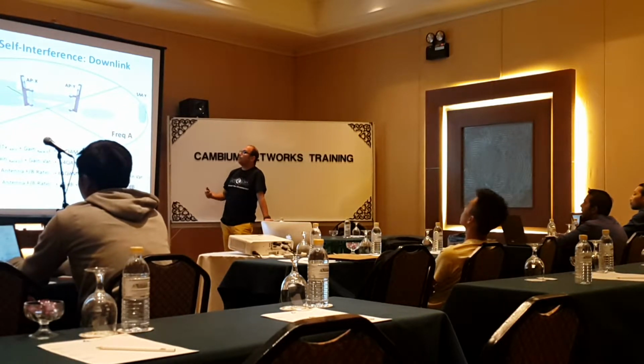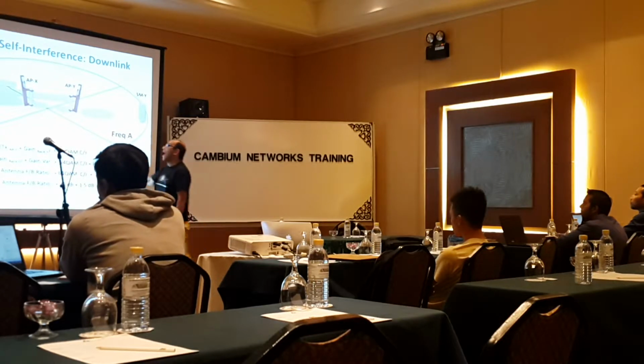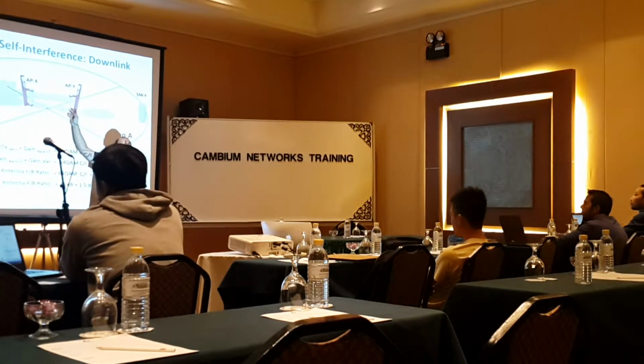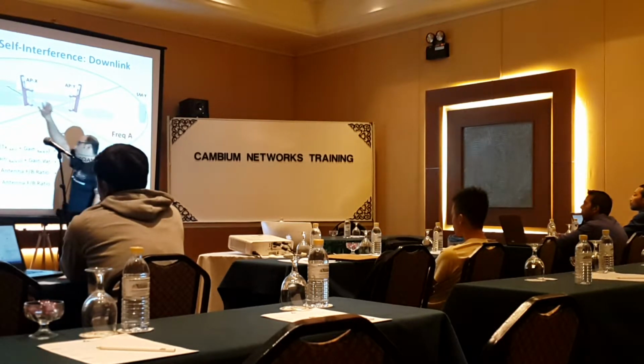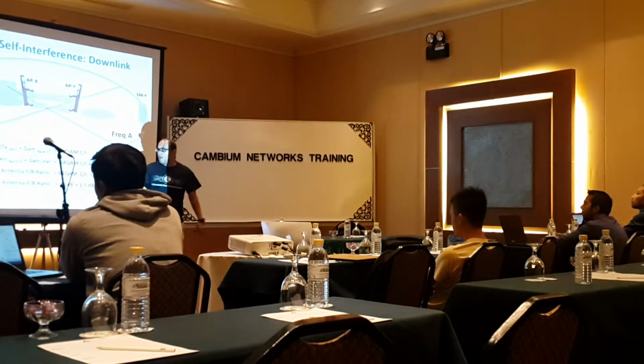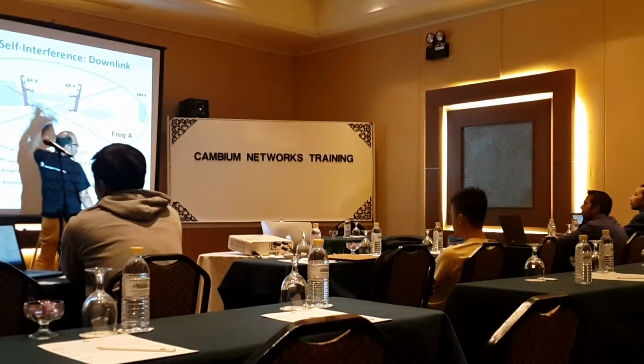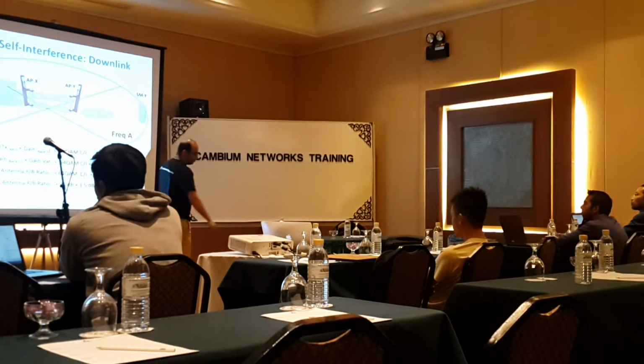Another type of secondary self-interference is when the power of your access point is too much, so even beyond your intended SM, it is also received by an unwanted SM. If you have a good front to back ratio between these two access points, the power of this one would not leak to the other SM.